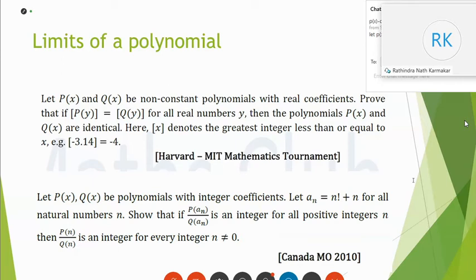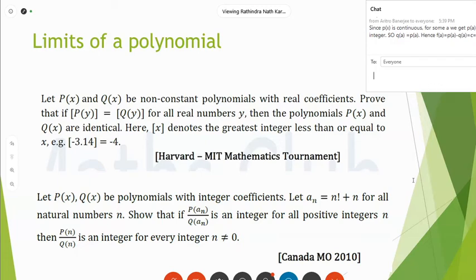Let p of x be an integer. I have a solution using continuity, and if you see the graph you can do it too, but let's see what you do.